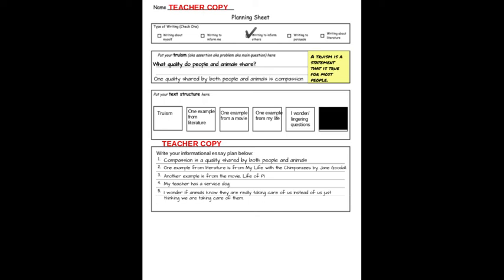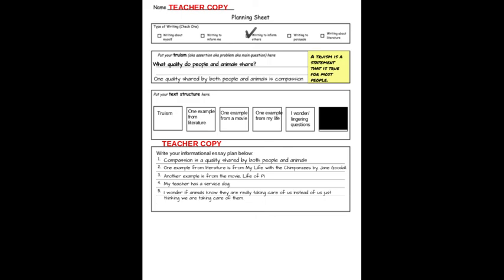So today, what I want you to do is spend some time thinking about the quality that is shared between both humans and animals. Once you come up with that word, I want you to also make a list of words that have to do with that word. For example, if I'm saying that they're both compassionate, what are some other words that mean compassion?